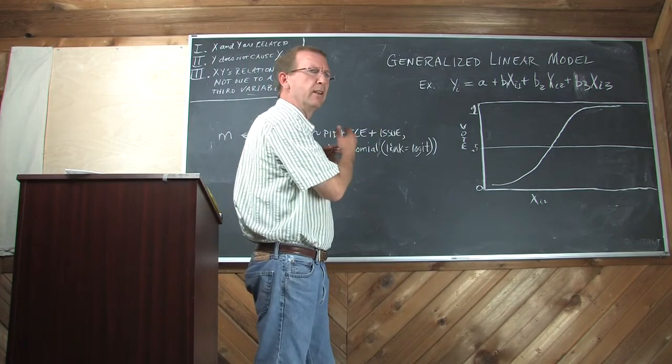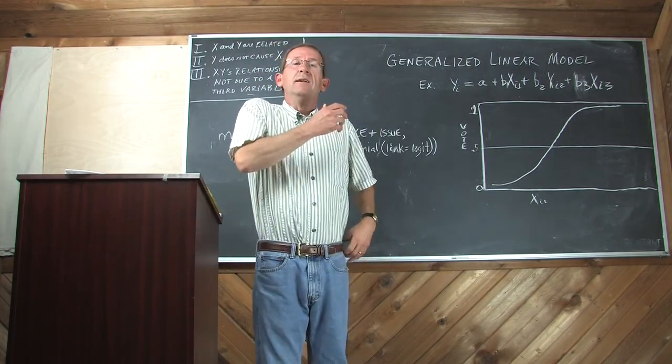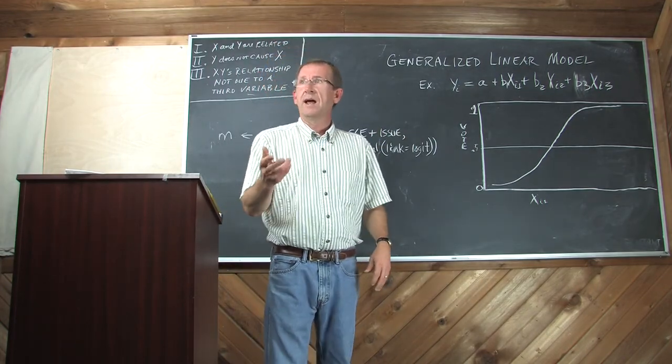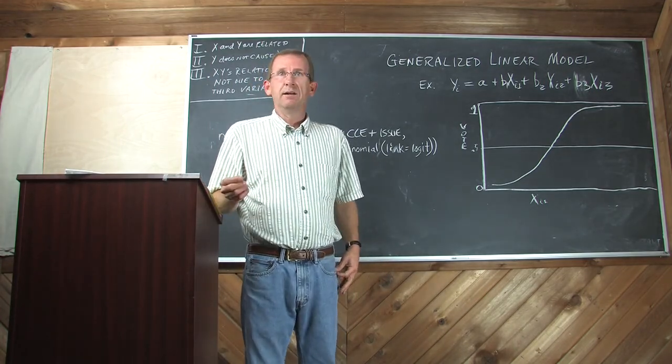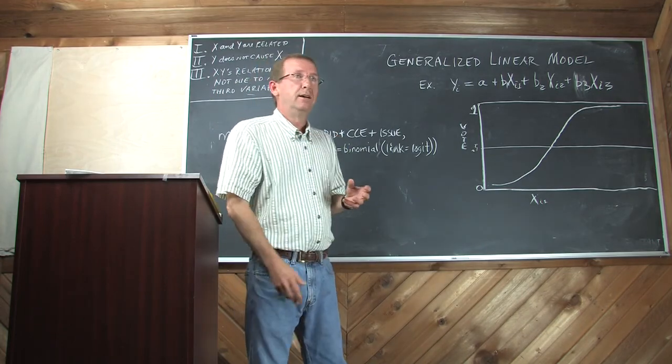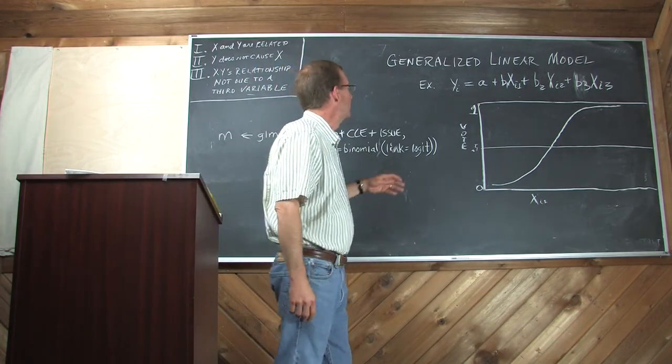Now we move everything to the left-hand side of the equation, and wonder what happens when you have a dependent variable that, for example, is dichotomous, like vote choice.